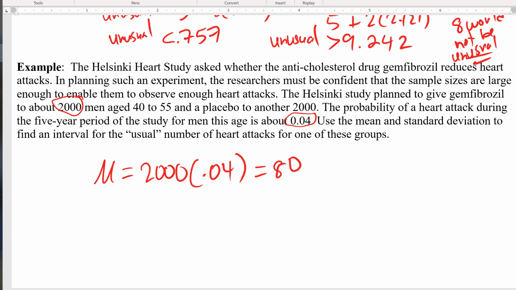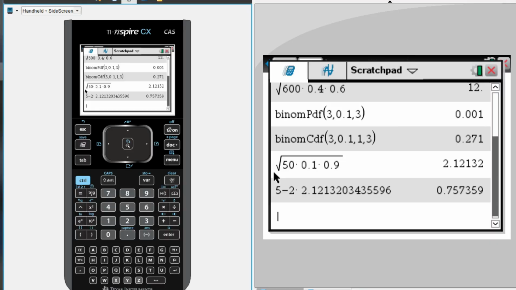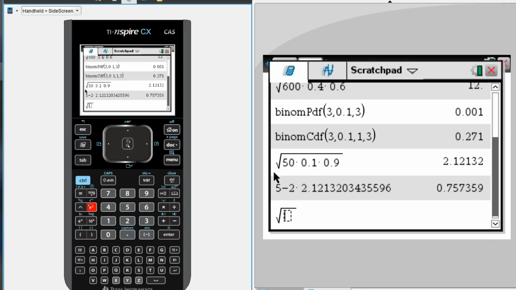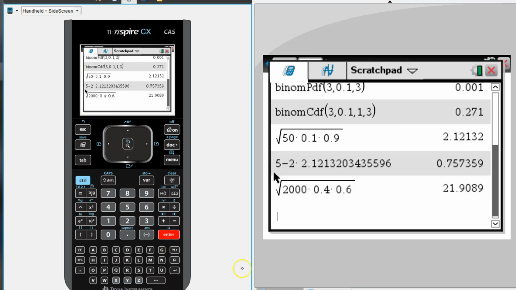So the lower bound, well, I've got to get the standard deviation first. 2,000 times 0.4 times 0.6. Oh man, I was off on that. So 21.9.